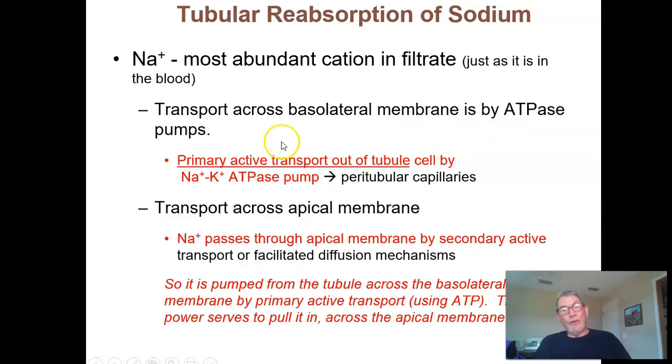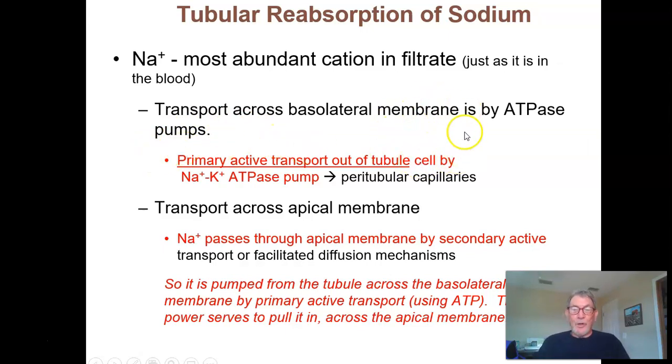Driving sodium this way causes sodium to get sucked in this side, and there's a ton of it, and so you use it to run a lot of secondary active transporters over here to suck in glucose, amino acids, and various and sundry other things that you want to bring in.